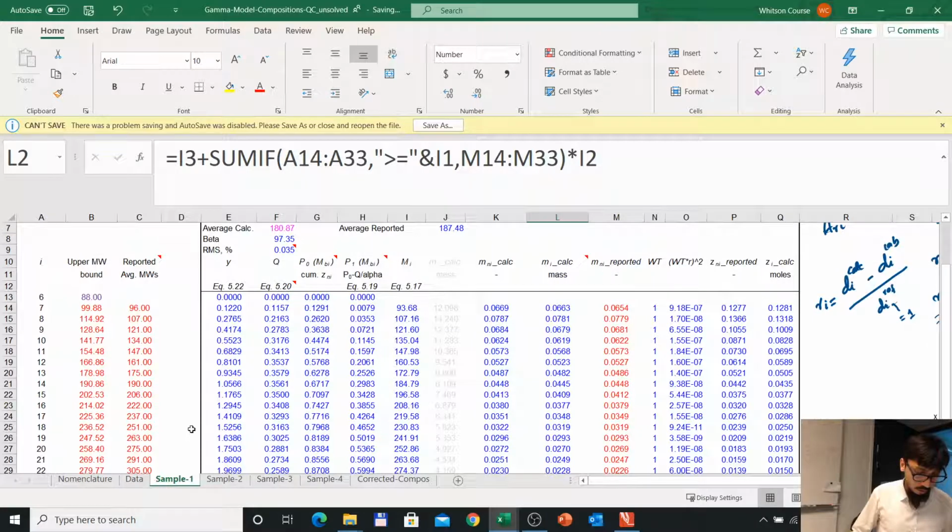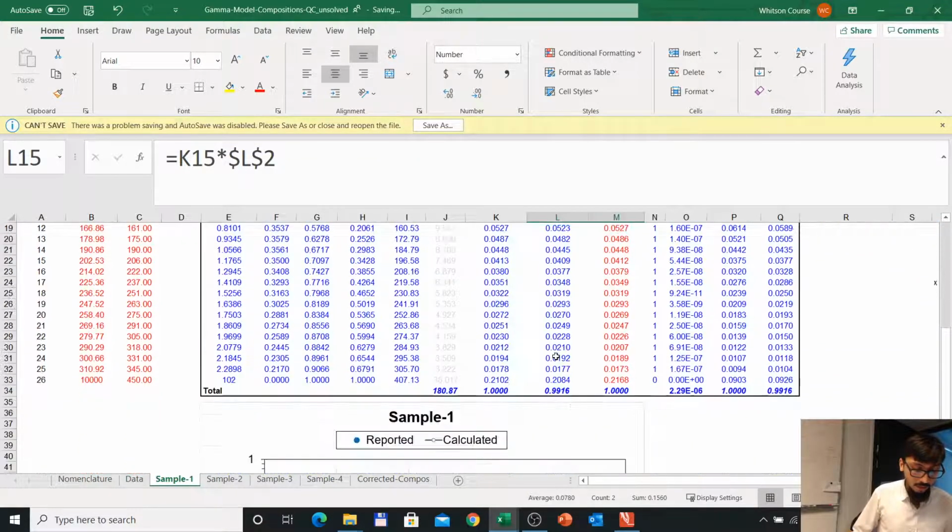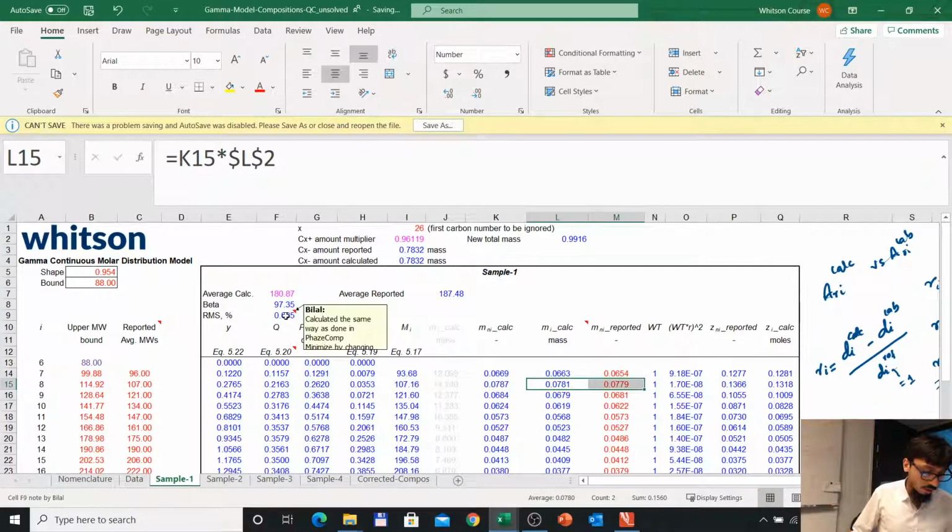You can also see it from here, where we are matching calculated versus lab data, and you see there is a small mismatch between the different components. 781 to 779, but the RMS is close to zero.